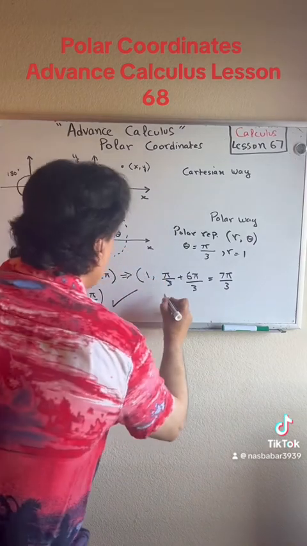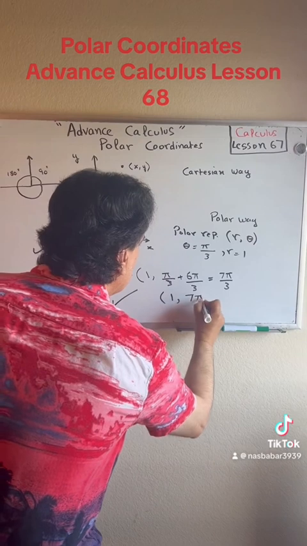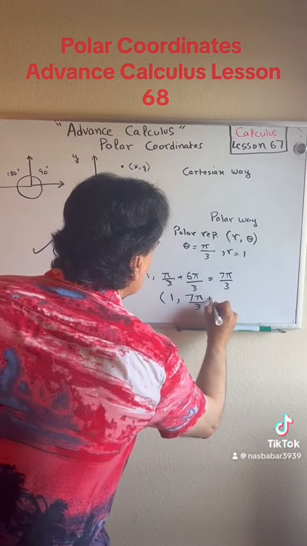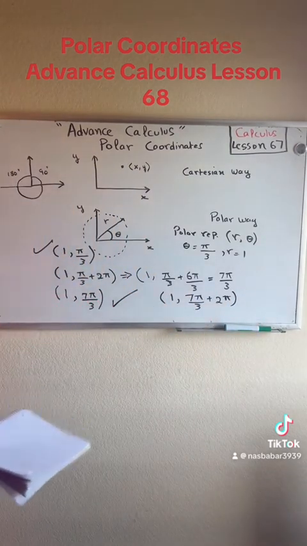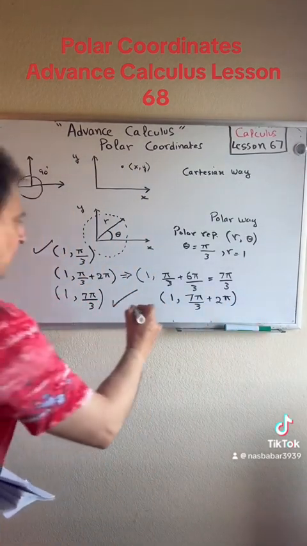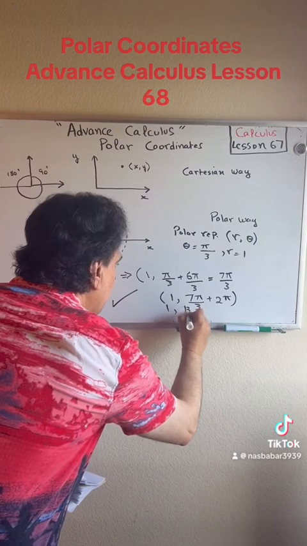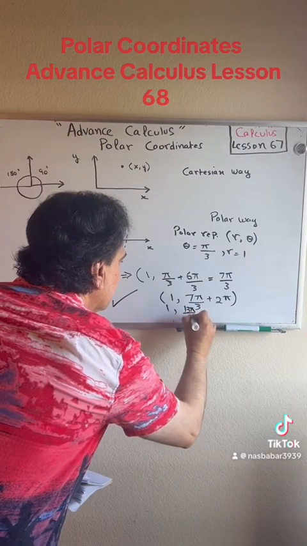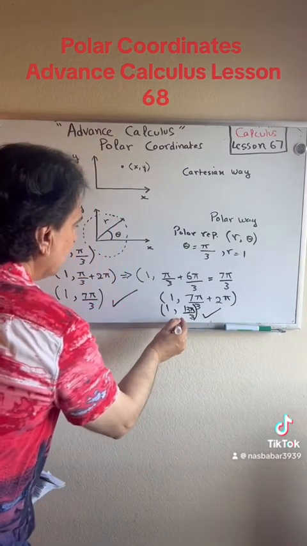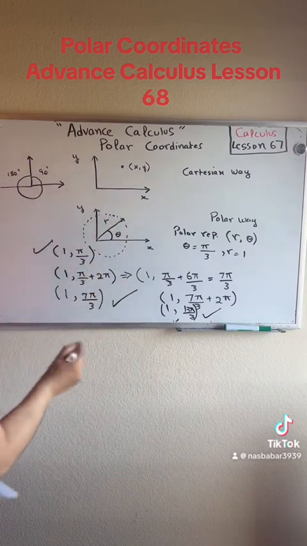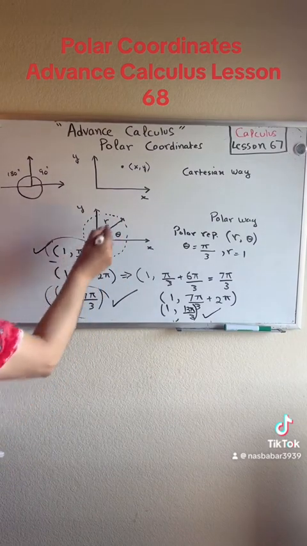I can even do 7 pi over 3 plus 2 pi. If I add that up, I'll get (1, 13 pi over 3). It's the same thing. This right here represents this point, this right here represents this point, and this right here represents this point.